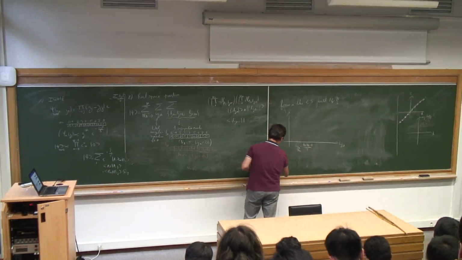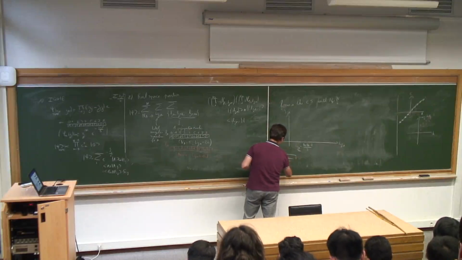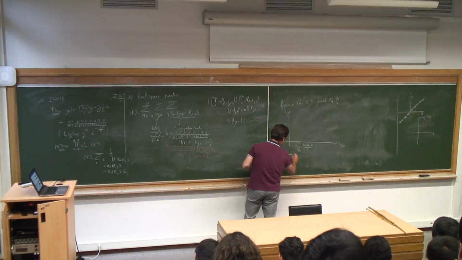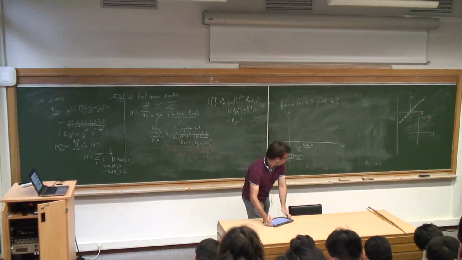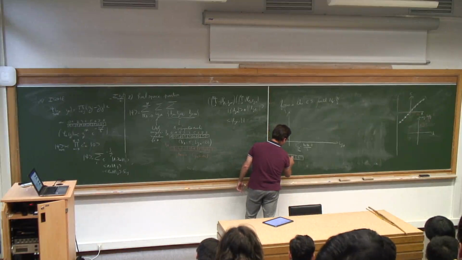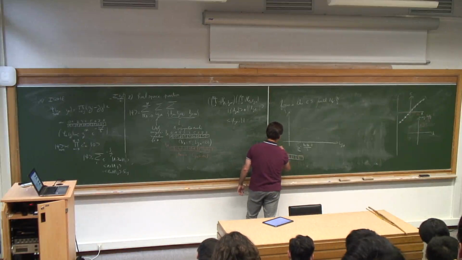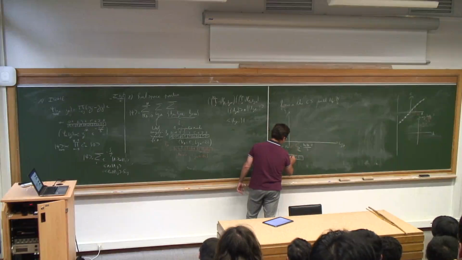Just that if you think about the occupation number, and you keep, let's say, 5 particles. Let's take N equal to 10, Na equal 5.